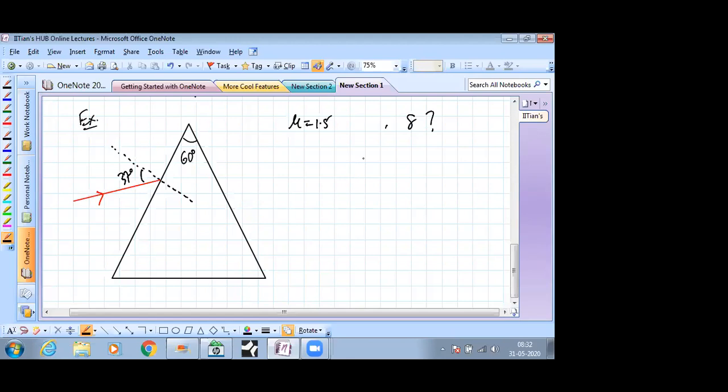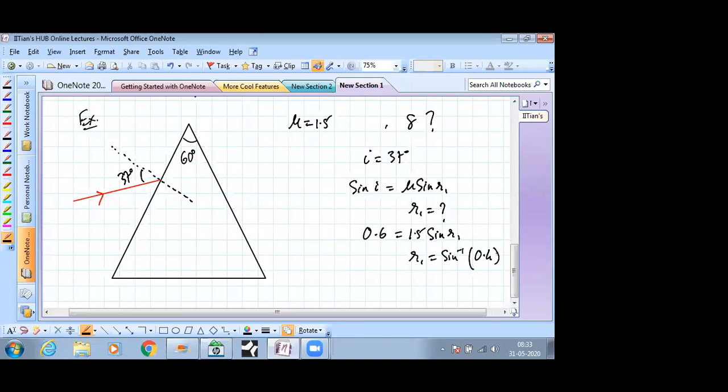Here, given i is equal to 37 degrees, we'll first use the relation sin i is equal to mu sin r1 to calculate r1. So this will give us 0.6 is equal to 1.5 times sin r1. So r1 will come as sin inverse of 6 by 15, so that is 2 by 5 or 0.4.